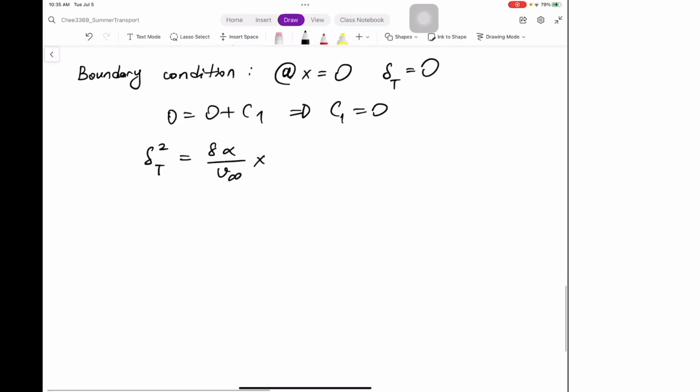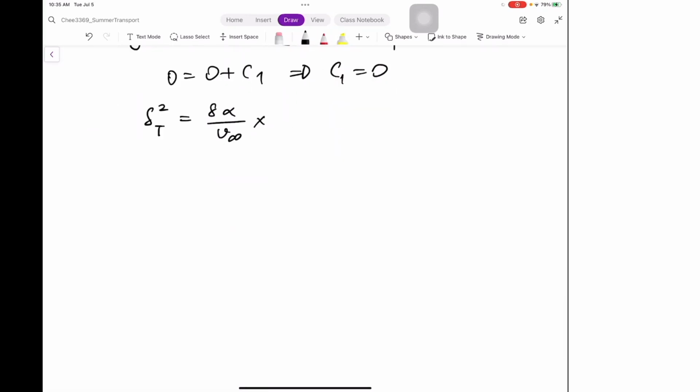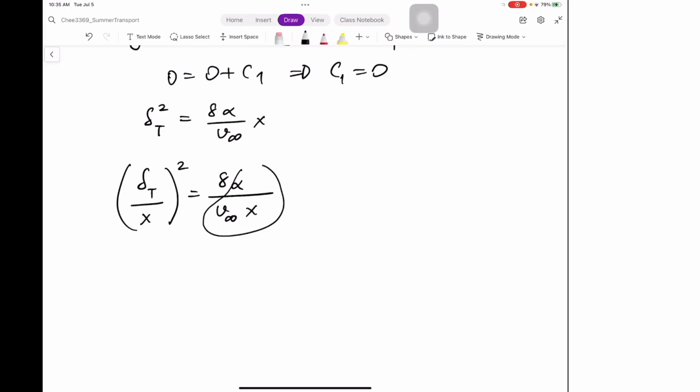But let's actually write down something dimensionless. Let's divide both sides by x squared, so the left-hand side is delta T squared over x squared, equal to 8 alpha over V infinity times x. This would be 1 over Reynolds number if alpha were equal to kinematic viscosity instead of thermal diffusivity.